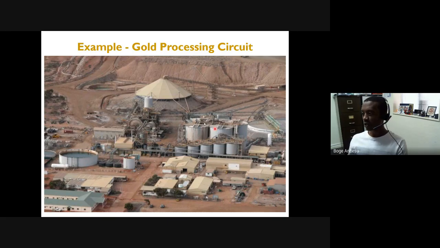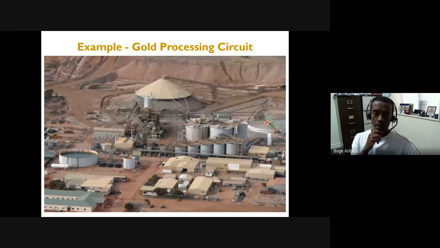So obviously, in addition to the leaching that they do here, you will need to do solid liquid separation where water is recovered and recycled back into the plant. And those big wells that you see, I don't know if you see in the picture there, are thickeners where water can be recycled back and reused. And in this part of Australia, water is actually very expensive and difficult to find.